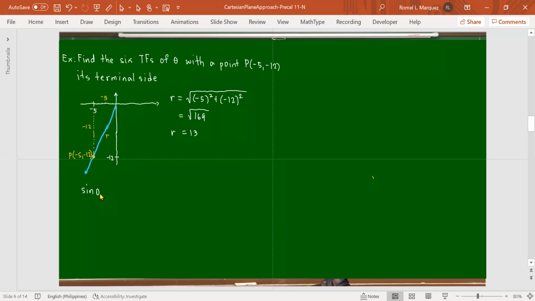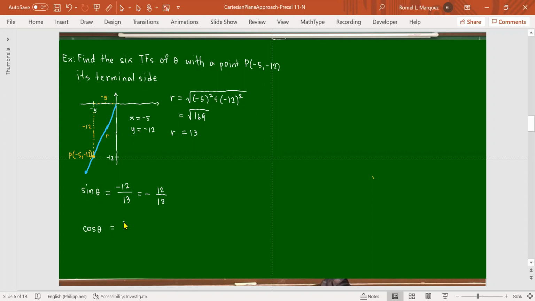Now we can define the 6 functions. How do we define sine theta? Y over r. X is negative 5, y is negative 12. So sine theta is negative 12 over 13. Normally we put the negative before the fraction. What about cosine theta?